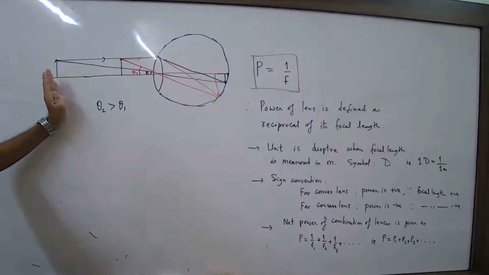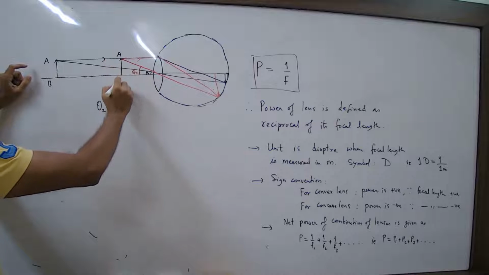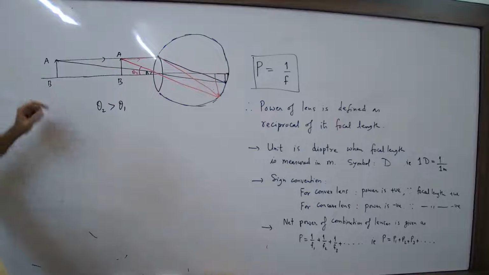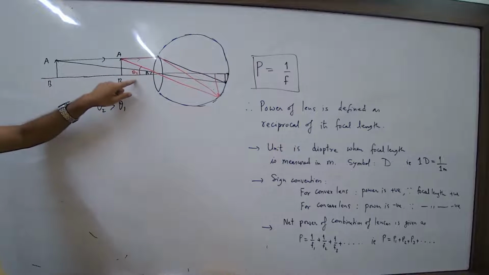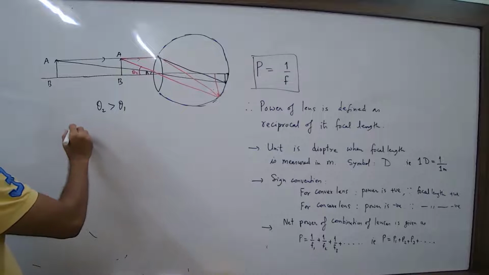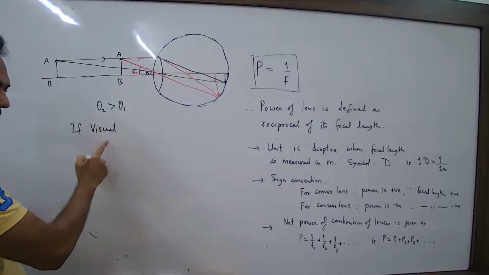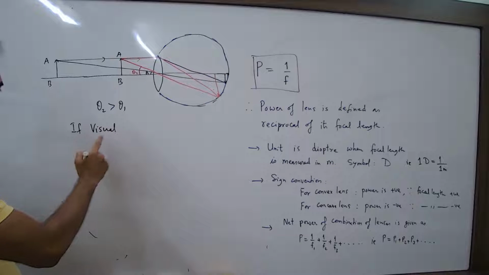Whenever the object size is not changing, it remains AB only. But now it appears bigger to the eye because of the angle which it makes with the eye's principal axis. Okay? So the visual angle here is bigger. This description is not in ICAC, right? It's in NCERT, or some other book.